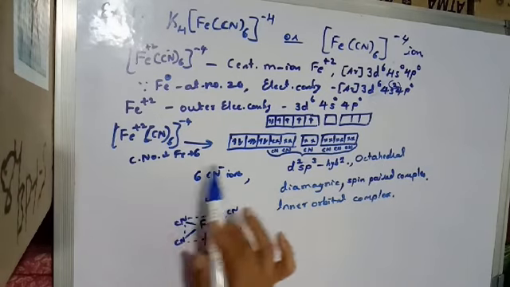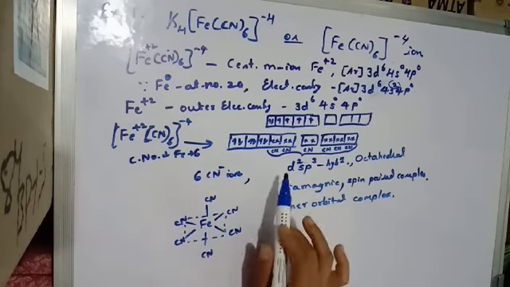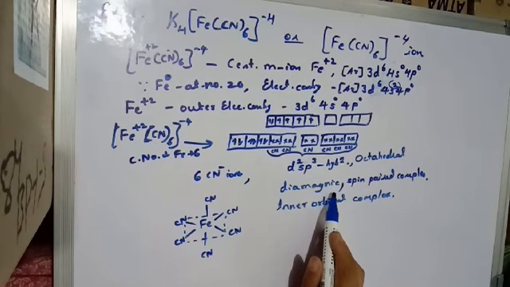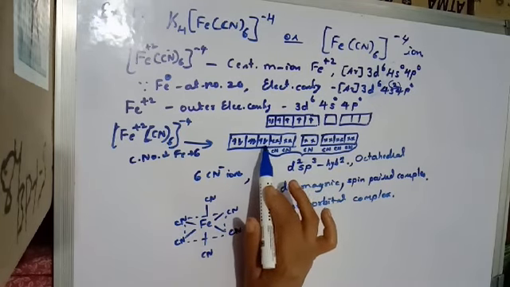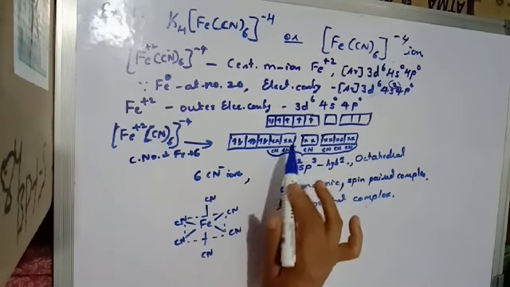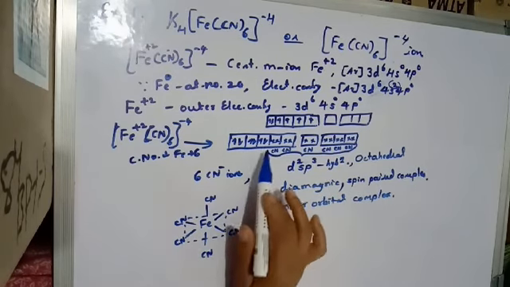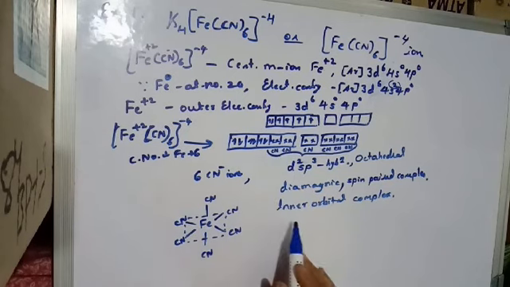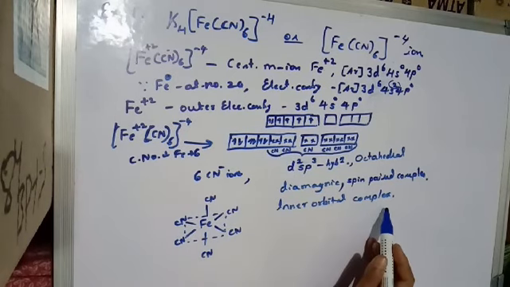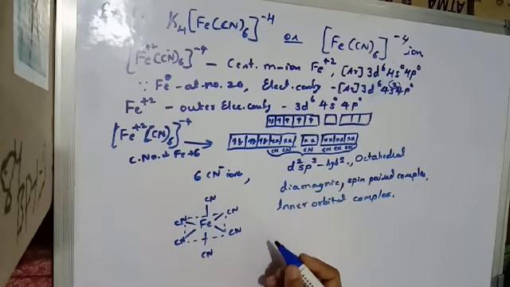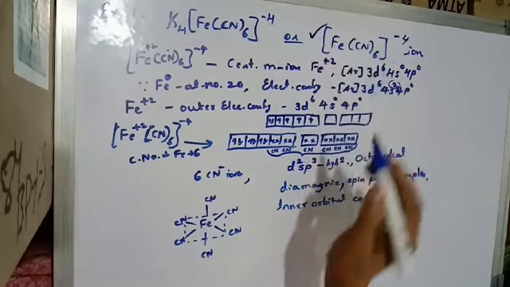After bond formation with 6 ligands, there are no unpaired electrons, hence it is diamagnetic. All electrons in the d orbitals are paired up, therefore spin paired complex. Inner d orbitals are made empty, hence it is an inner orbital complex. This is the explanation according to valence bond theory with respect to this complex ion.